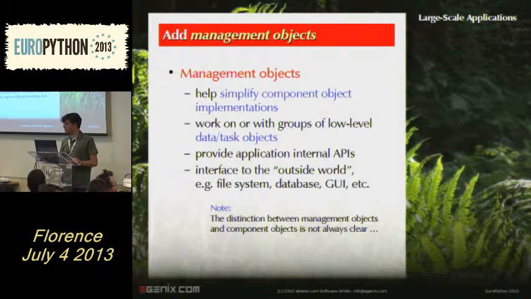Or for the log component, could be an interface to a log file, or could be an interface to Sentry. So the management objects, they help simplify the component objects some more. Because what you want to have is you want to have small objects. So the component objects should be small as well. So in order to do that, you just give them some helpers, and those are the management objects.